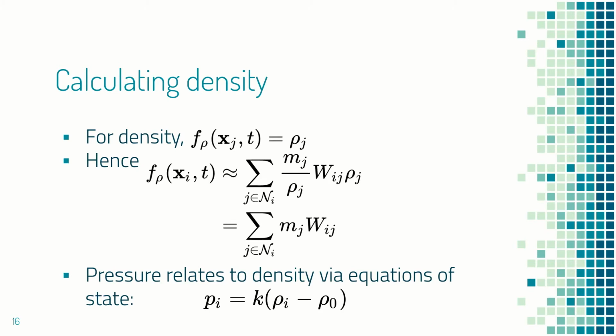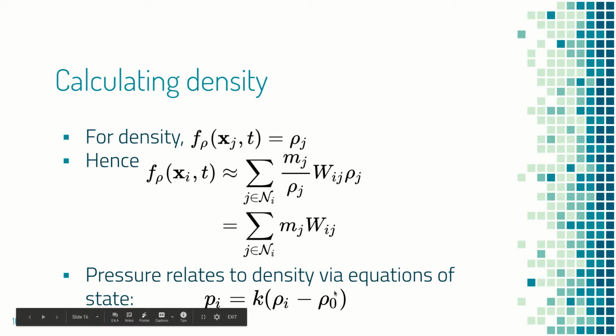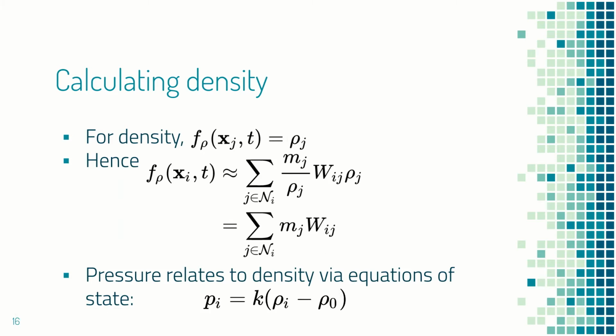So here we're going to apply it to a very straightforward example, which is the calculation of the density of the local particle. For the density, we have the rest density, which is rho 0. The rest density of water is about 1,000 kilograms per meter cubed, I believe. For the density term, we want to evaluate the density at a particular particle.